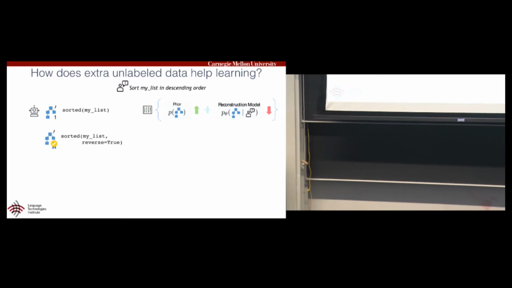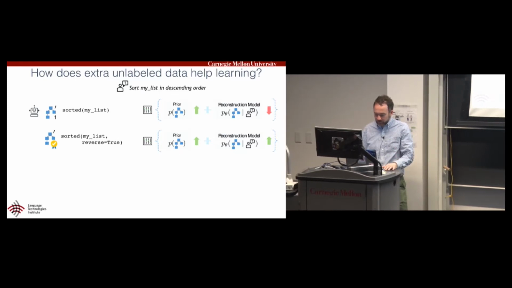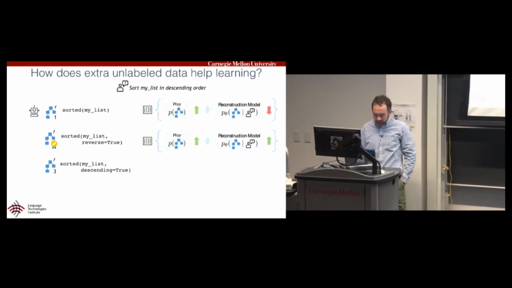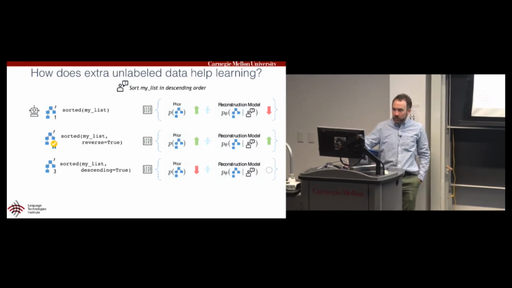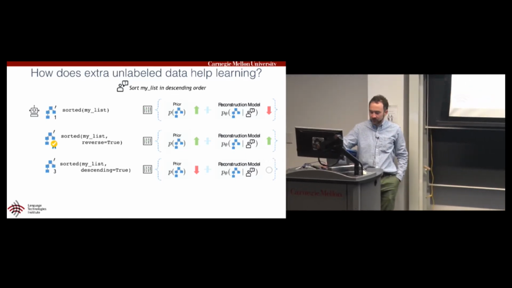On the other hand, if we have the true answer, this is natural Python, so the prior probability will be high, and the reconstruction model probability will be high. And in the last case, the prior probability will be low because this is unnatural Python, even if the reconstruction model might be able to use this.